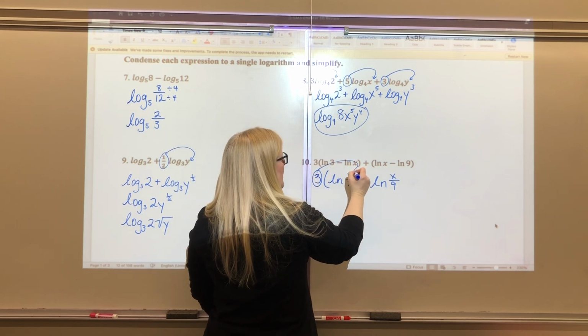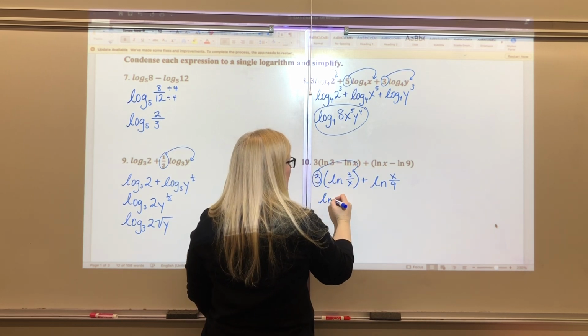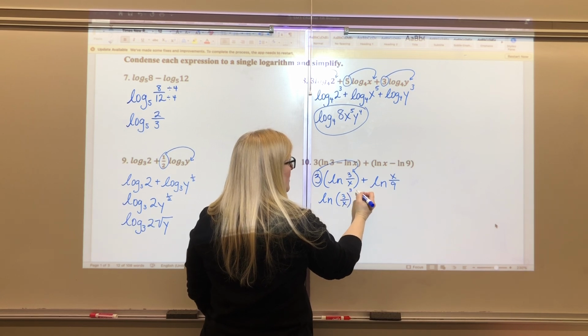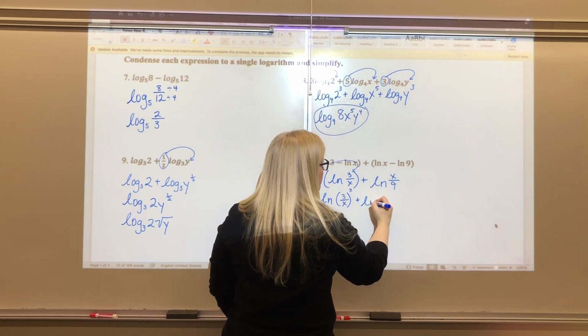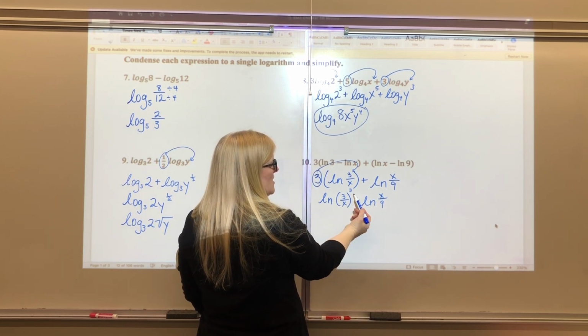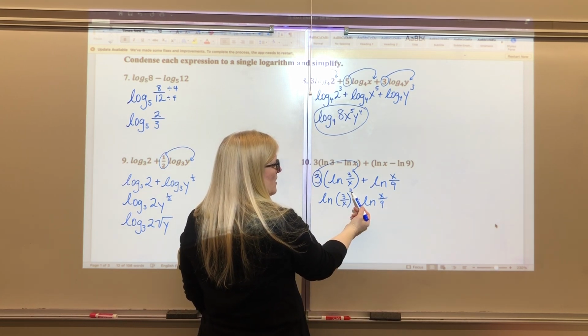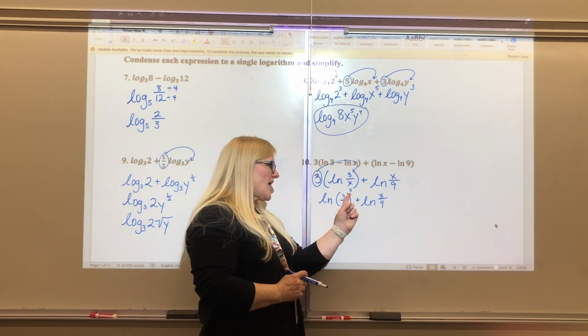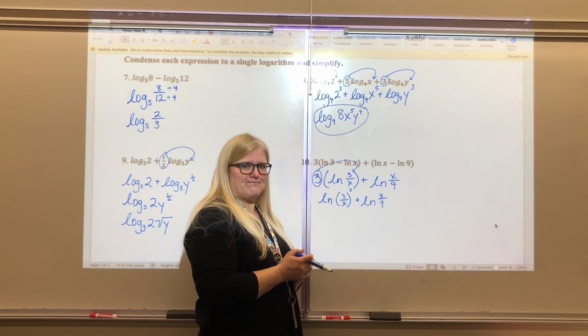Okay, so this 3 is going to go here, so I have the natural log of 3 over x to the 3rd, and then this stays the same. Now the parentheses here are important because I'm showing that I am cubing this whole thing. If I didn't have the parentheses, it would look like I was just cubing the 3.